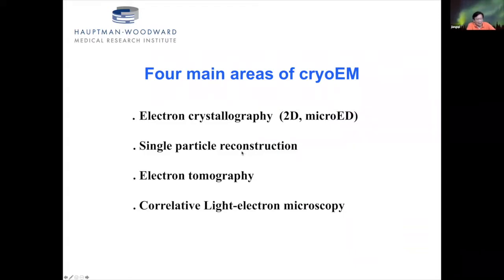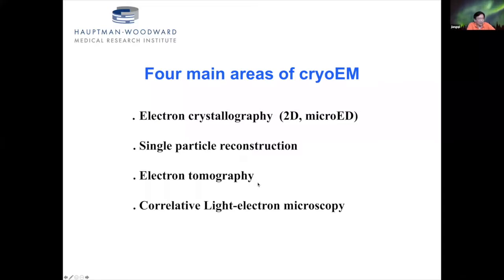The second part is the major direction currently ongoing, which is called single particle reconstruction, which is to use computational algorithms to combine images of single particles in different orientations, such that you can turn the images from two-dimensional space into a three-dimensional structure.